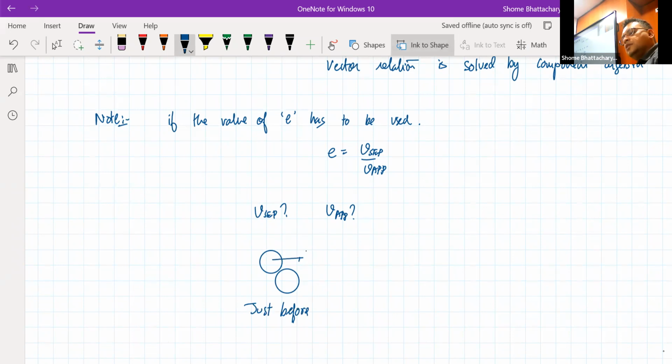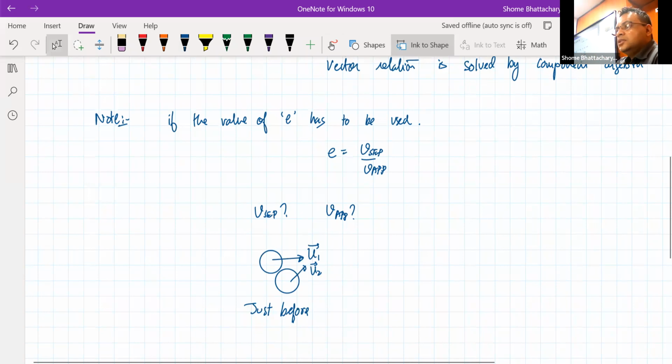This has a velocity like this of u1, and this has a velocity like this, let's say, of u2. It's clear, no, the diagram?